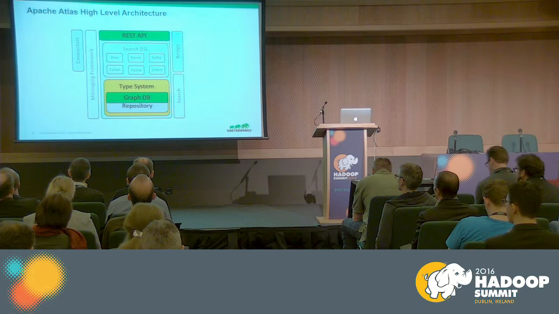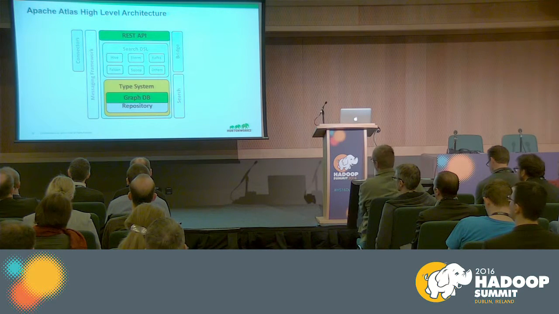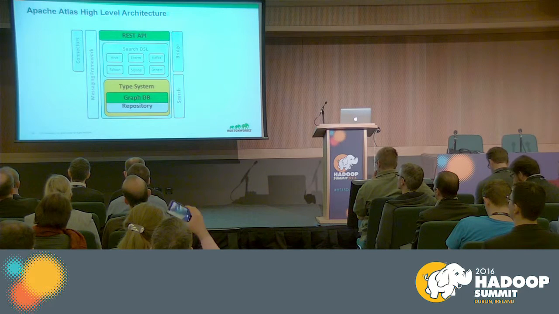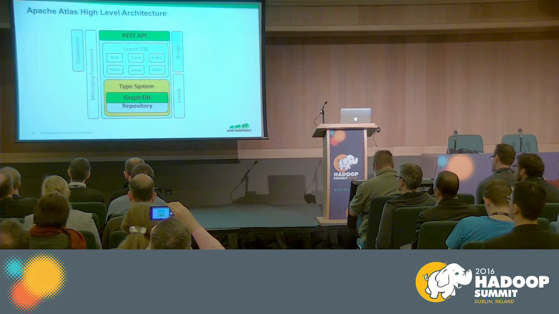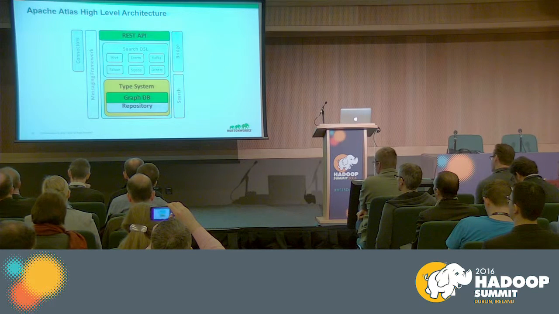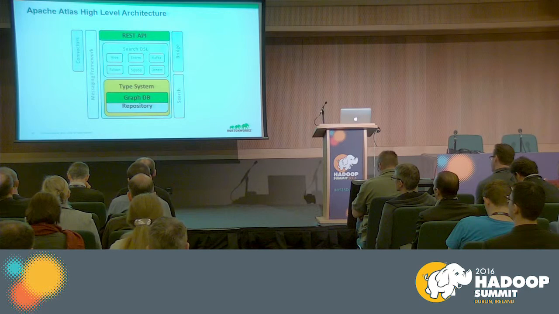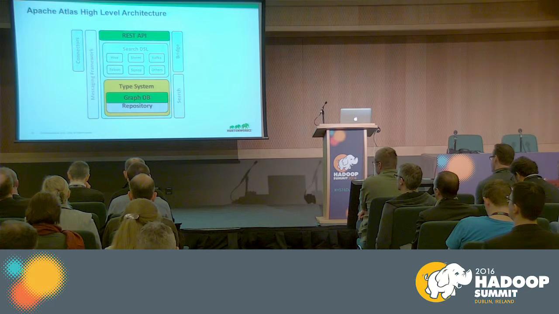So this is metadata. It's not the real data itself, but it's quite valuable, and it's because it is in our type system, we have quite a bit of flexibility, which we'll talk about a little bit more later. It sits on top of a graph database, and we have a very robust repository that it stores its data in.